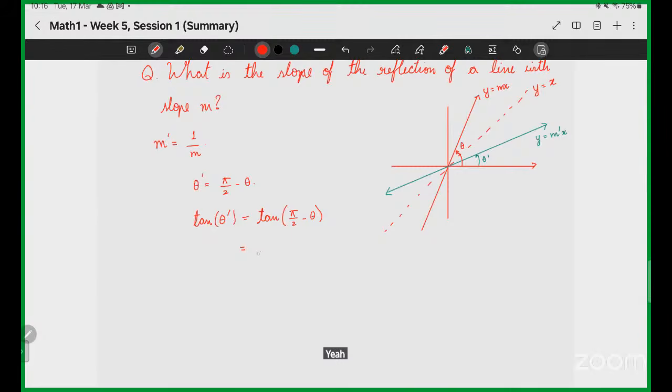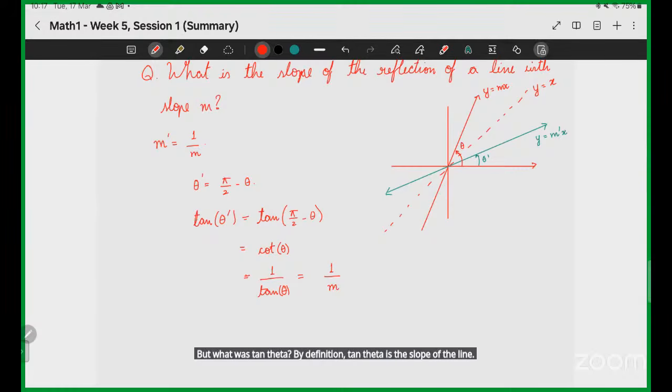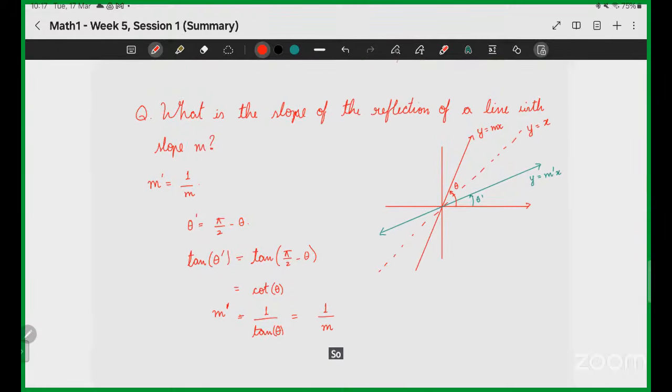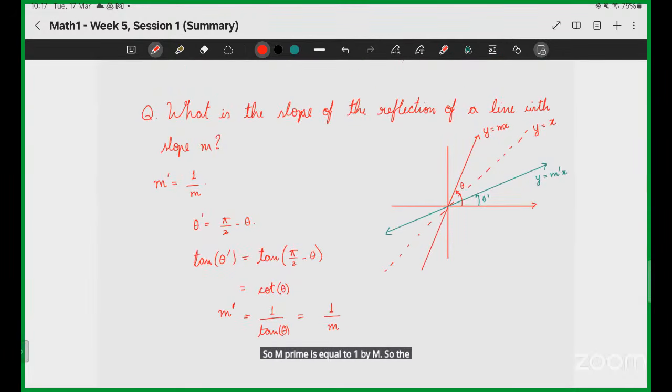Yes. And that is actually 1 by tan theta. But what was tan theta? By definition, tan theta is the slope of the line, and tan theta prime is the slope of the new line. So m prime is equal to 1 by m. So the reflection has the slope 1 by m.